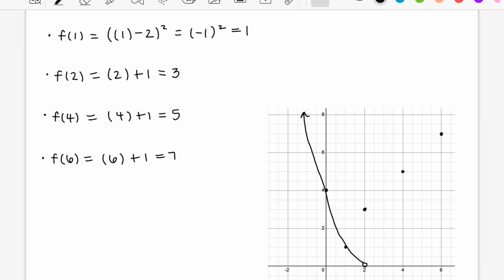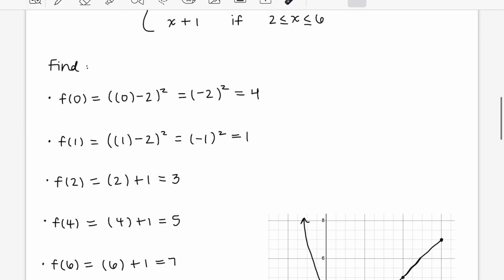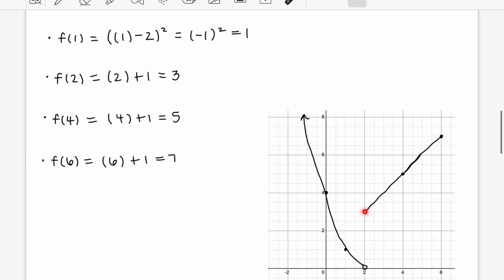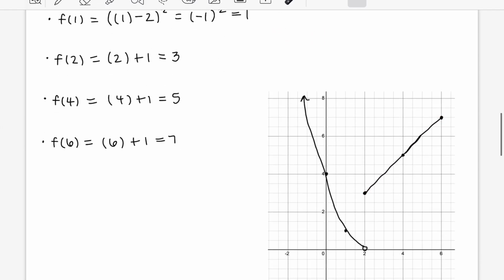Okay. And so we'll get a line that looks like this. It's y is equal to x, shifted up 1 unit. And we will be including these endpoints because remember, in this region, we have x plus 1 if x is in between 2 and 6, and including these values. So we have the closed circles here.